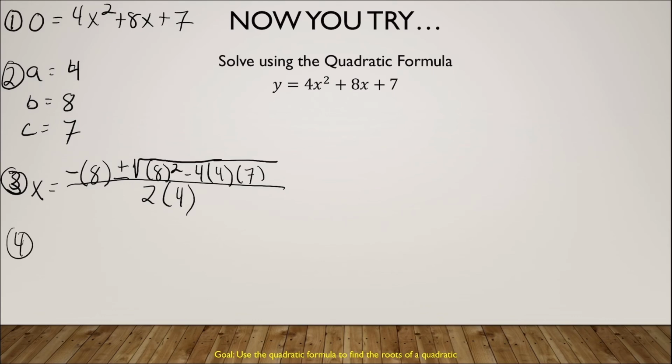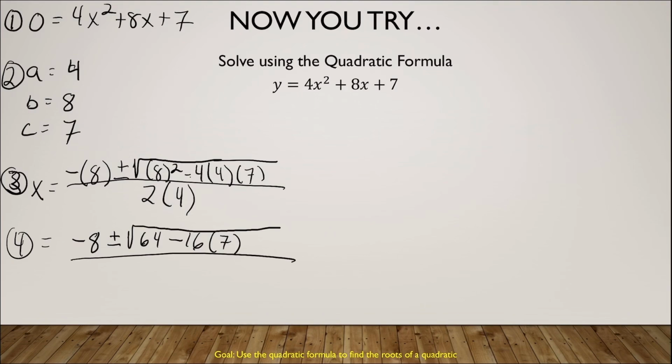The next step is we want to start simplifying my equation. So I have negative 8, we can get rid of the parentheses right there, plus or minus the square root of 8 squared, we can say is 64. Negative 4 times a positive 4 is a negative 16 times 7, all divided by 2 times 4, which is 8. Okay.